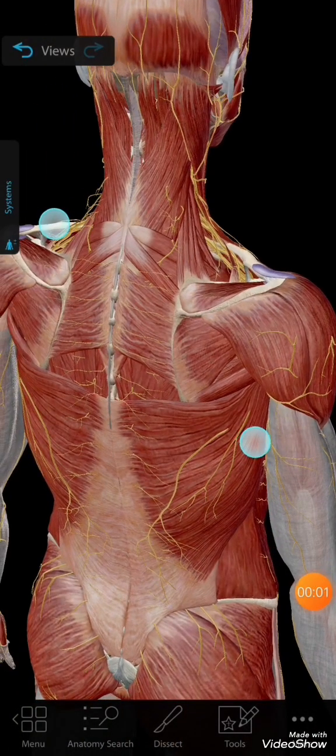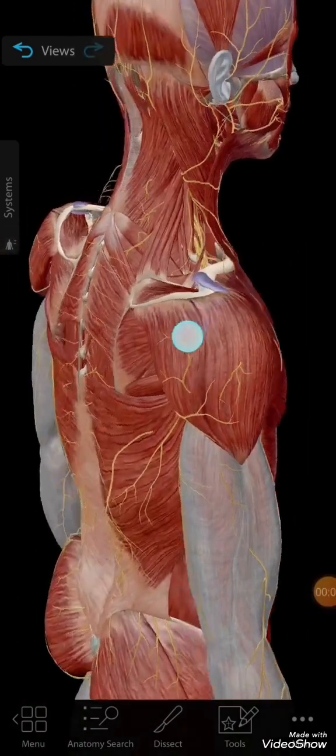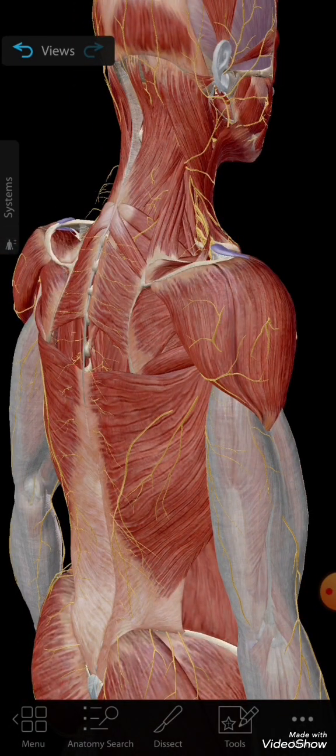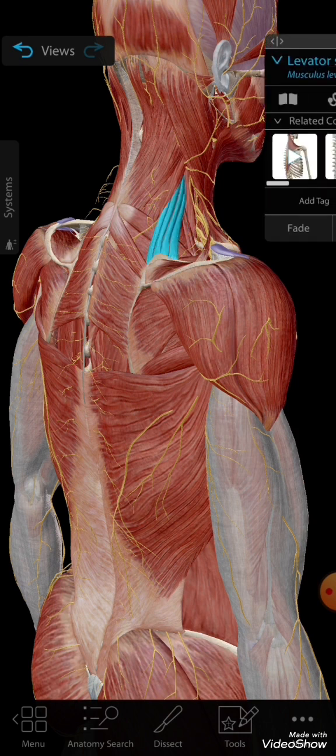Now, after removing the superficial layer, we have to learn about the deep-seated extrinsic shoulder muscles called the deep posterior axioappendicular muscles. Now we will see among these the levator scapulae.